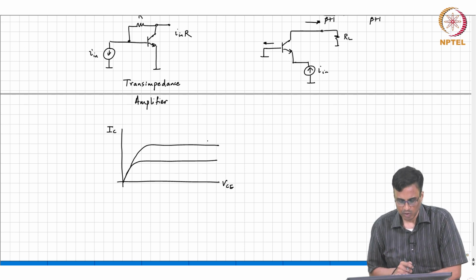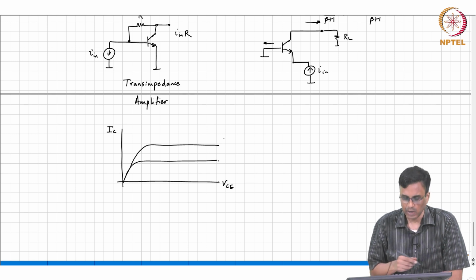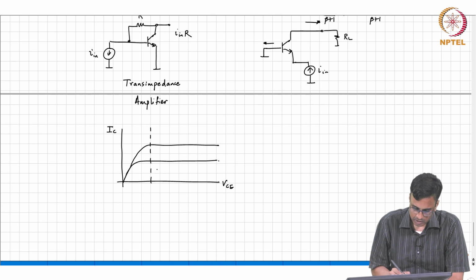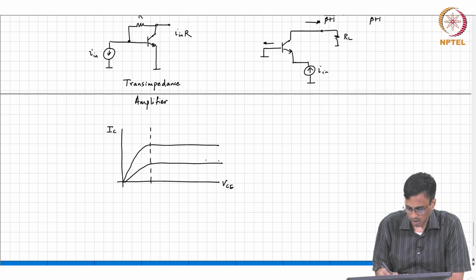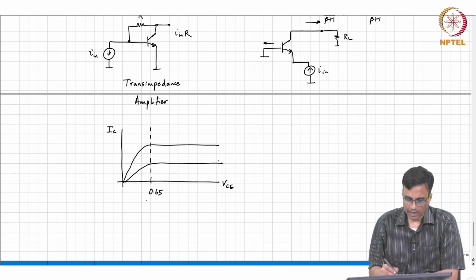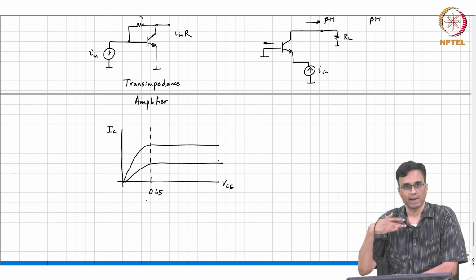So, these are plotted for various values of IB, and this is the 0.65 volts VCE minimum, and so ideally the curves must be flat.